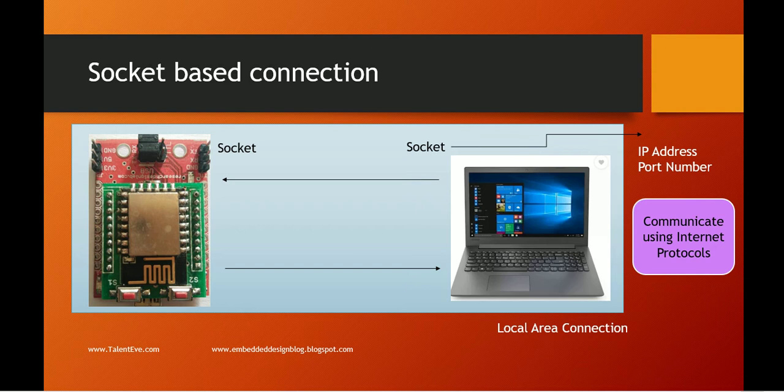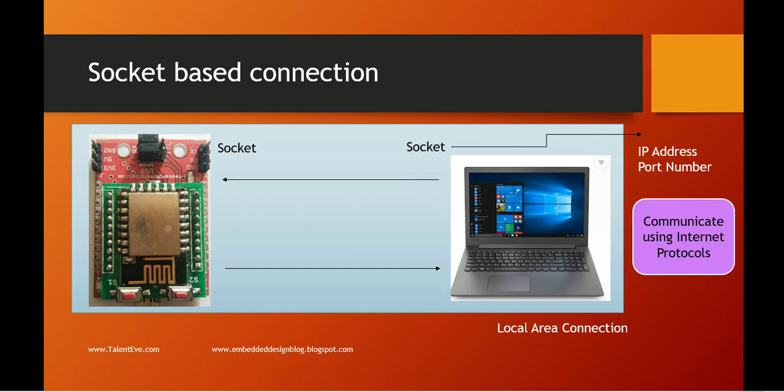A socket is nothing but the end point of a particular device in a network, which helps it to communicate with the other devices on the network. The purpose of this socket is that it assigns the IP address and a port number to a particular device, which in turn helps the other devices to identify this particular socket and bind to it.